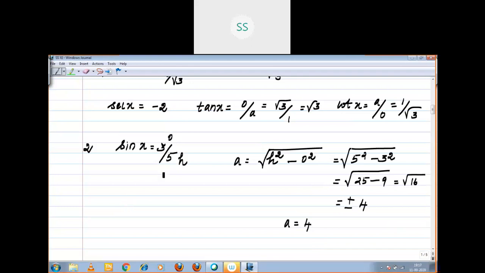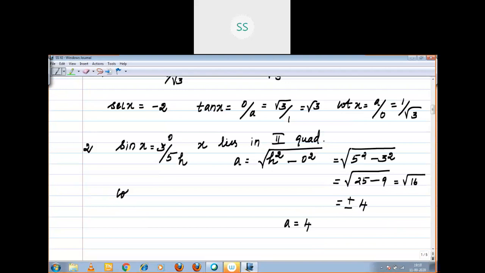Right. Now the other trigonometric functions: x lies in the second quadrant. Second quadrant means, as I told you, sine and cosecant alone are positive and the rest of the functions are negative. Keep that in your mind, children. Always recall the quadrant concept, right?